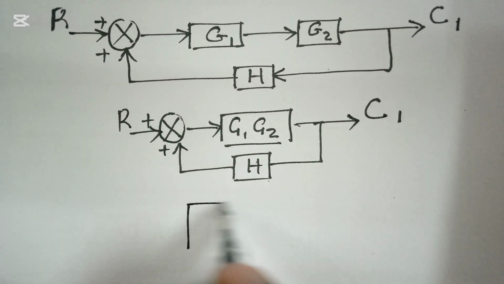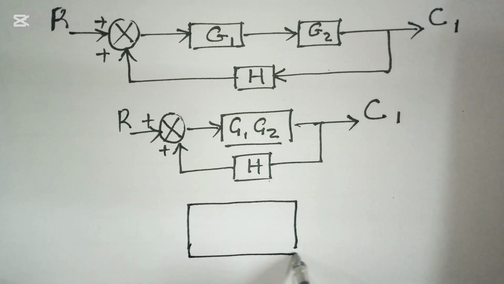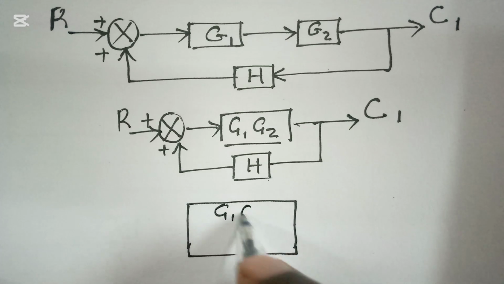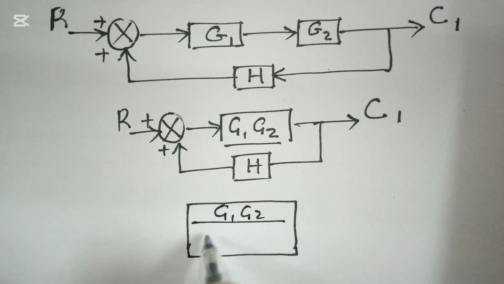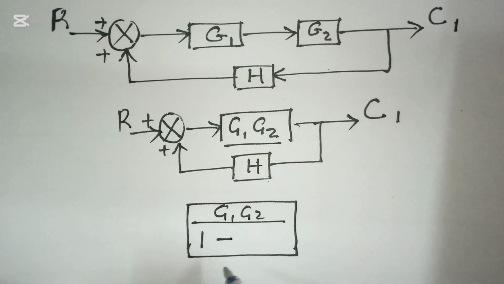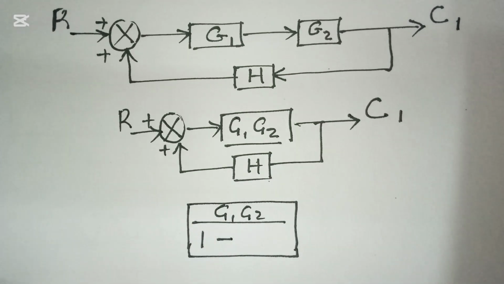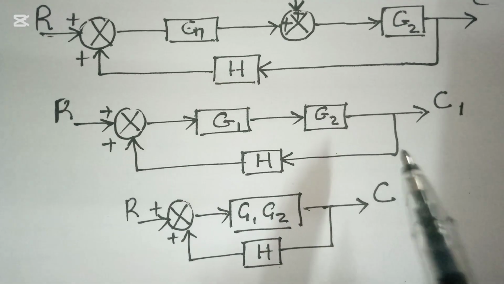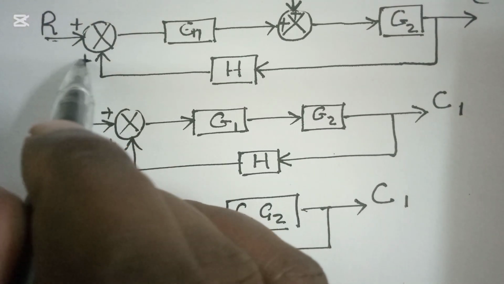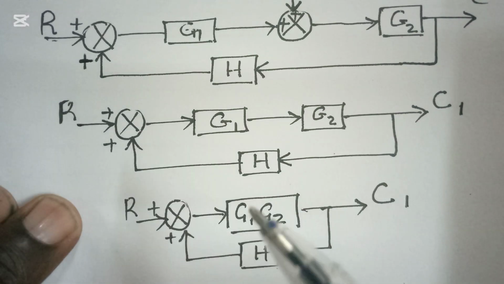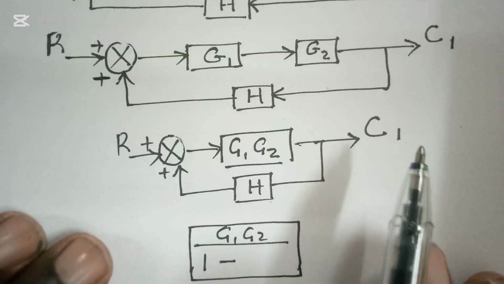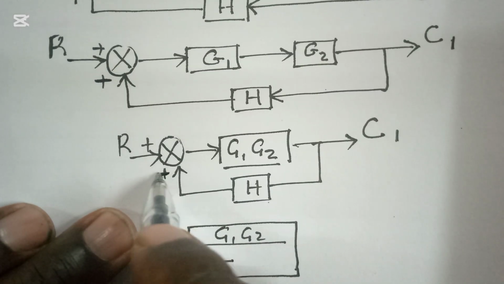We are going to have one block, then we have G1, G2 all over 1. Since this is plus, this will be negative. Let me make some correction there. This one was actually negative. This was negative, and so this is also negative, and this is also negative.